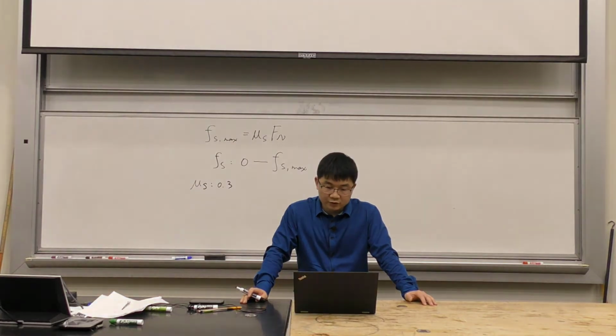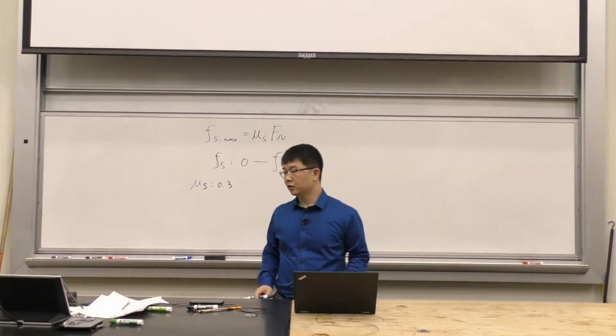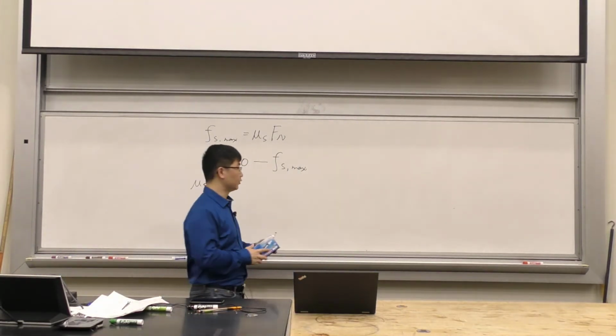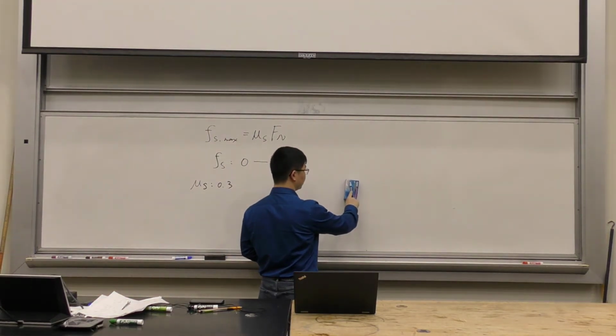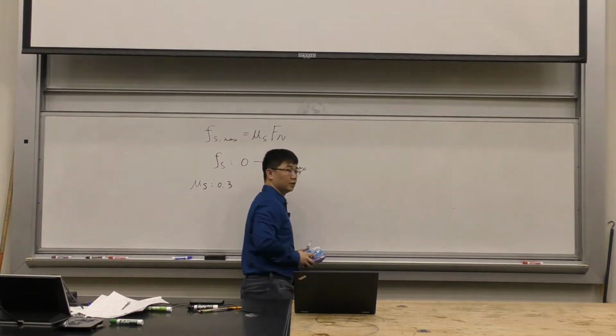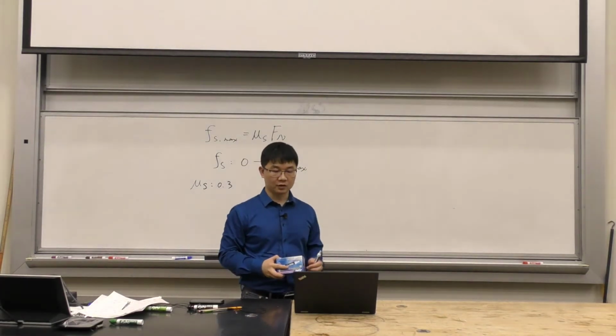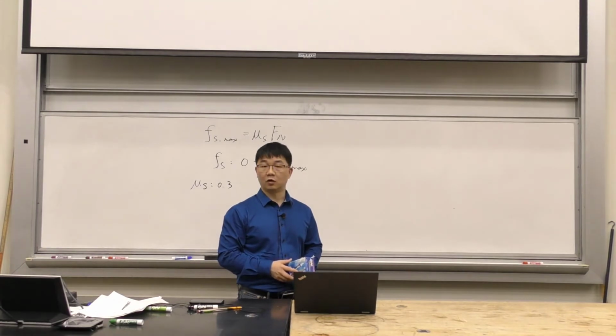Say you're pushing this block up a wall. You can try this experiment, you can definitely do this. And actually there's a certain range of force you can apply, not just a unique force, to keep this object on the wall. Why?